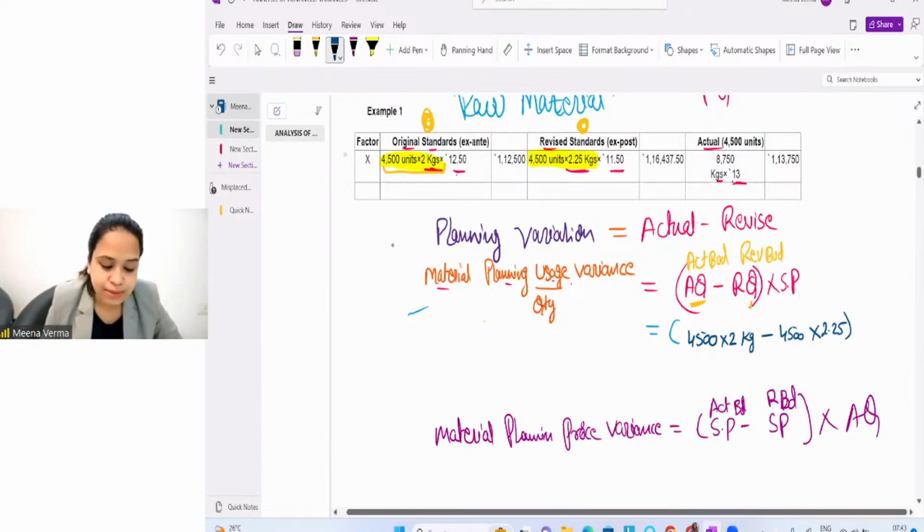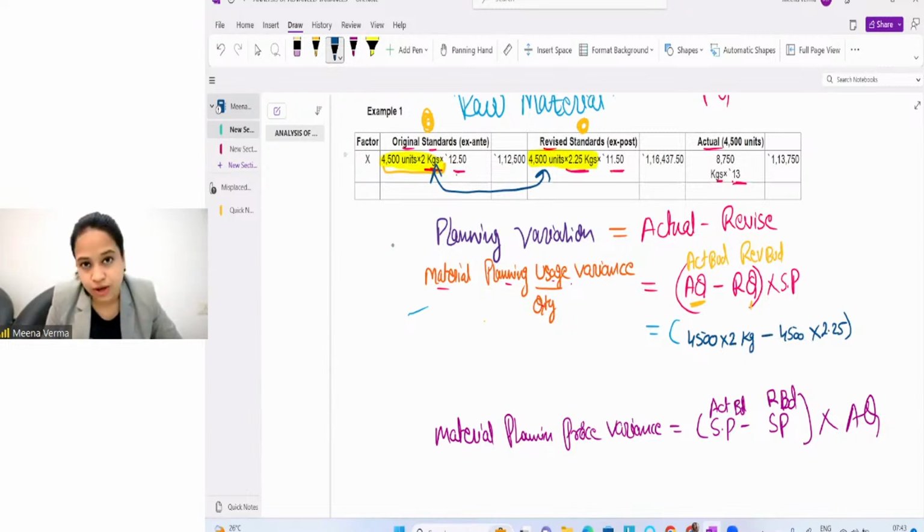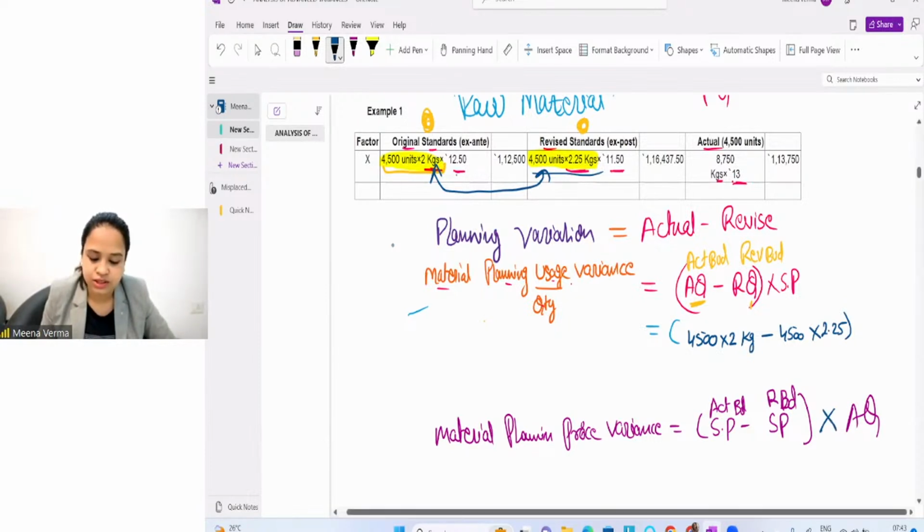First they said we need this much quantity of raw material for the production of the final good. Then they revised their own budget and said, no, we don't need this much, we need this much quantity instead. Then actual quantity, how much is consumed here. Then their standard price.